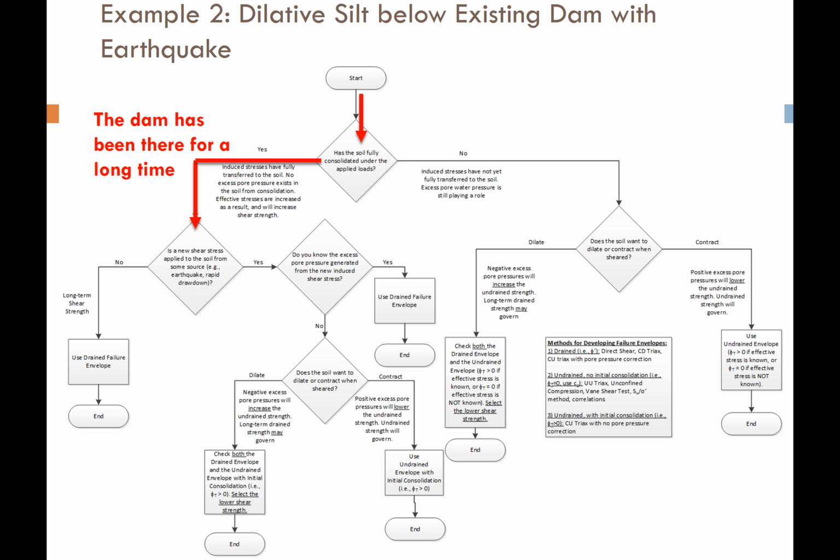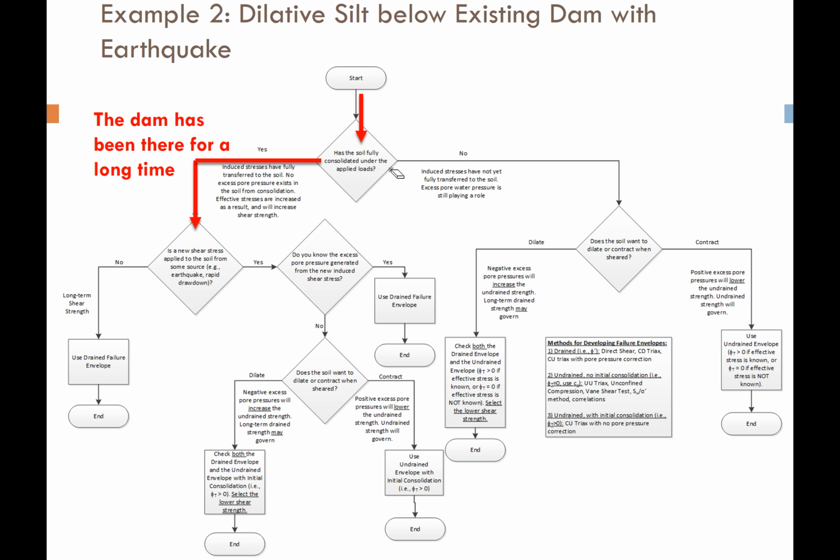So now the next question, is a new shear stress applied to the soil from some other source, such as an earthquake or rapid drawdown? Well, in this instance, yes. The problem described an earthquake that was hitting the dam. So the earthquake is inducing a new shear stress into the soil after the soil had already consolidated from the dam.